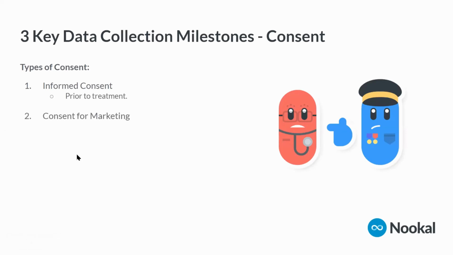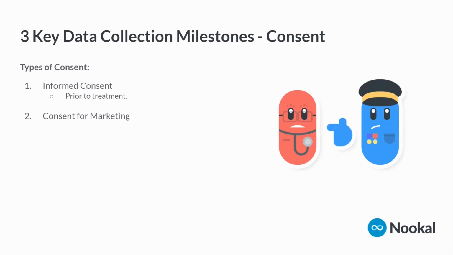And the other two is consent for marketing, which you need to collect if you're going to communicate with your patient for marketing purposes via email, SMS, phone, etc. And these can be tacked on the end of the intake process to make sure it's completed, and you have a record of it on file if it's contested later.